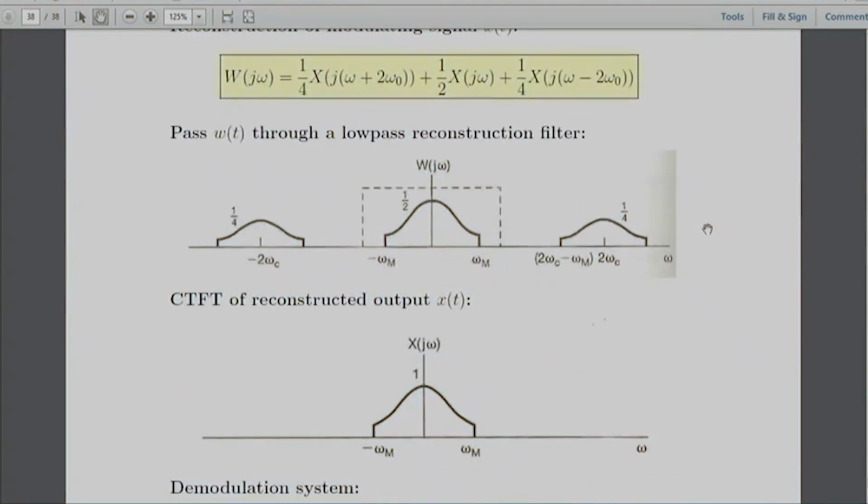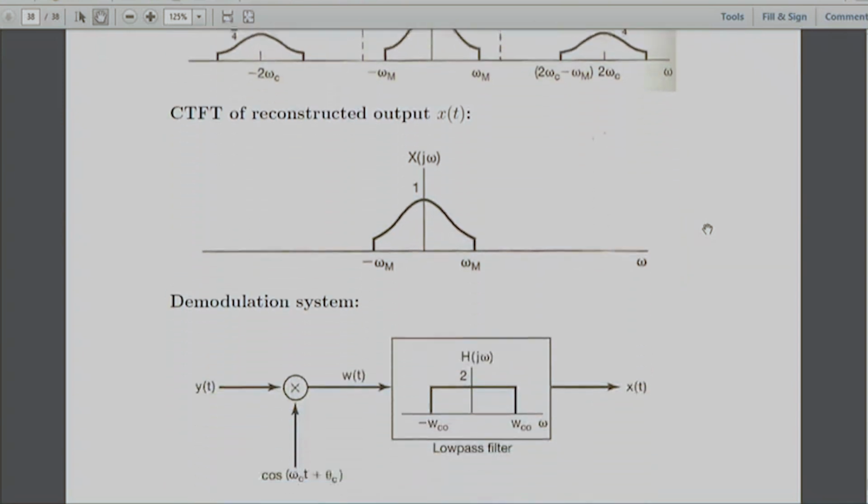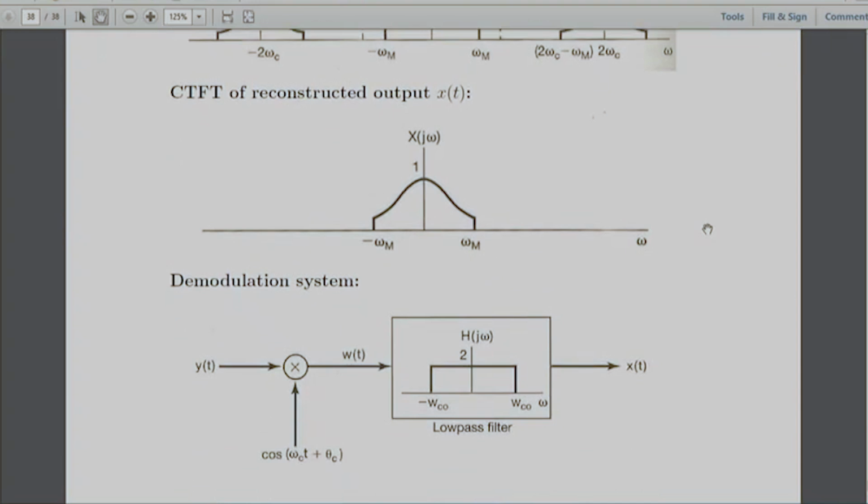So this was the signal that we got on the receiving end by multiplying by the cosine. Here's the spectrum. Now we just multiply by a low-pass reconstruction filter that filters out this guy and this guy, leaves us with this, and then we put in a gain factor of 2, and lo and behold, what we get is just our x of j omega back.